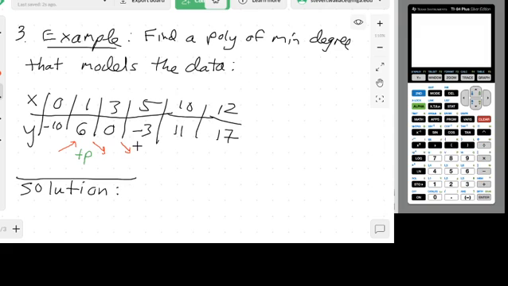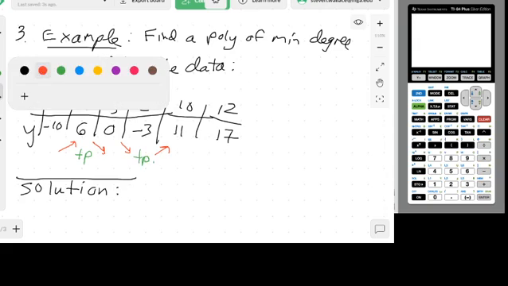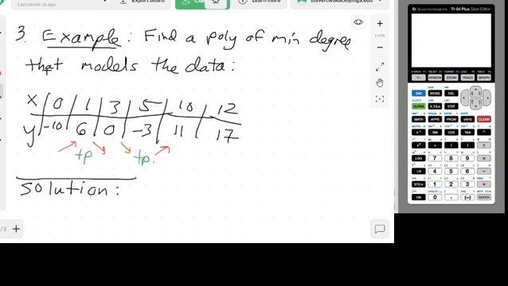That's still a negative average rate of change. But then we're going to pop back up and go up to 11. So now we have another turning point. And then we're still going up, so we get 2 turning points in the data. So we're going to have 2 turning points in our model.